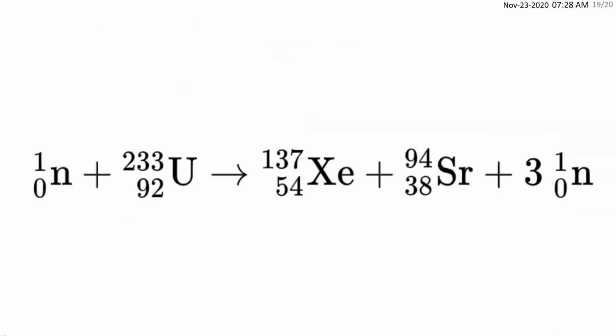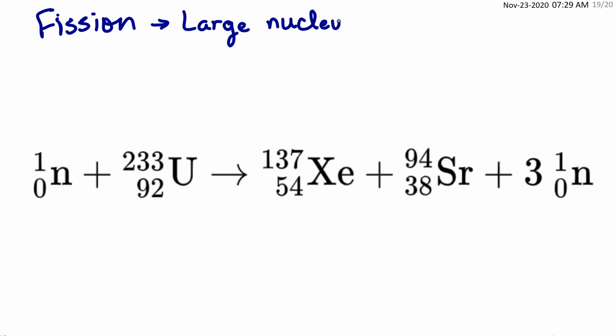Now here's a type of nuclear decay with which we're probably familiar simply from the media. Okay? In this case, we have fission. In fission, a large nucleus splits into 2 or more smaller nuclei.